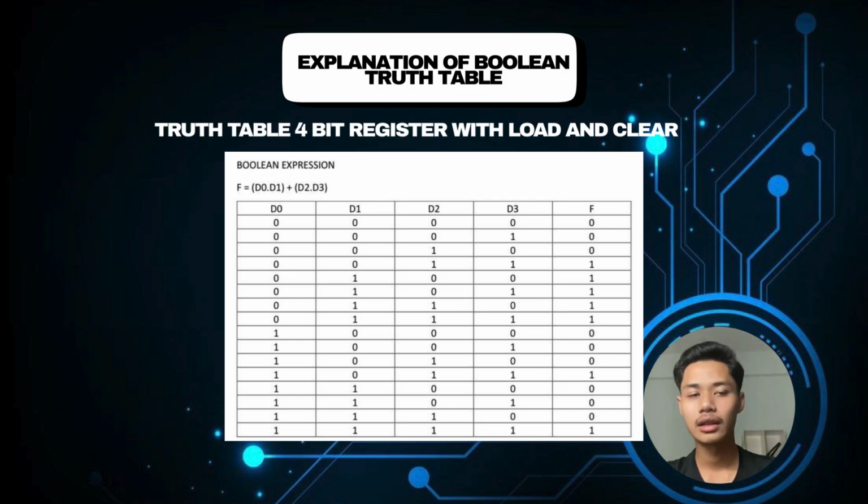So just insert the values of D1 until D3 based on binary numbers. For example, in line 3, the formula will be 0 and 0 or 1 and 0 equals 0. Then in line 4, the formula will be 0 and 0 or 1 and 1 equals 1.